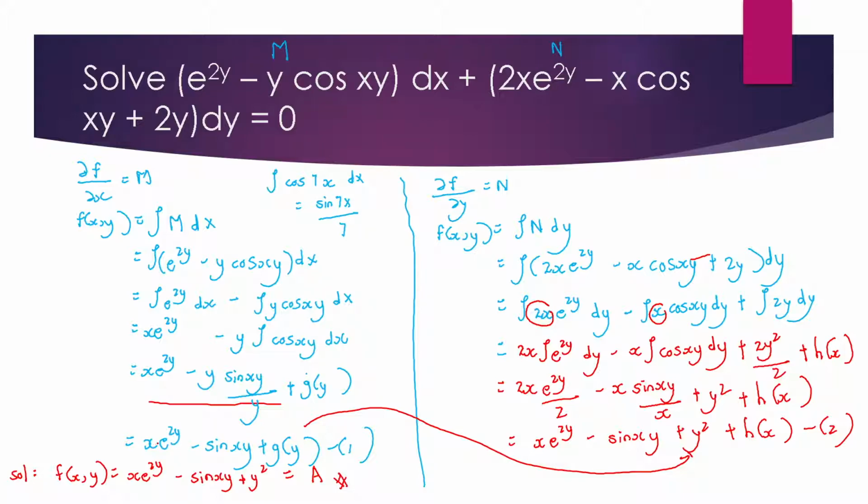You cannot see this is x and y, this is x and y, this is g(y). That's why h(x) here is actually 0. So the solution is f(x,y) equal to x e^(2y) minus sin(xy) plus y squared equal to A.